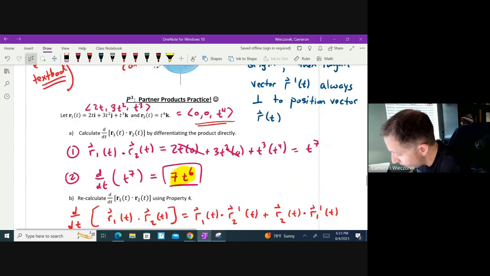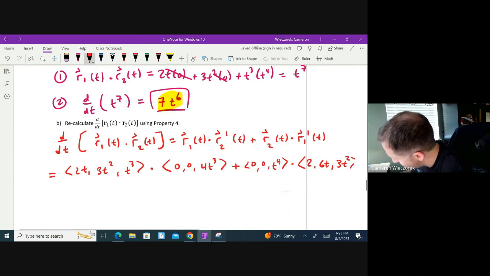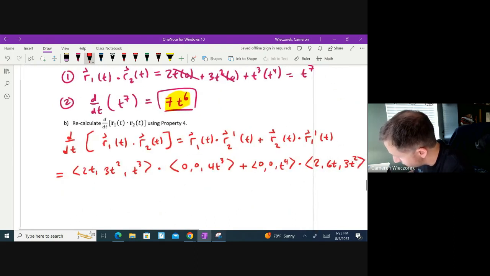So we take the derivative of r1, would be 2, 6t, 3t squared. This is already turning out to be more work. So in this problem, if I was just asked to compute the derivative of the dot product, I think part A would be a lot easier, but let's finish what we started.